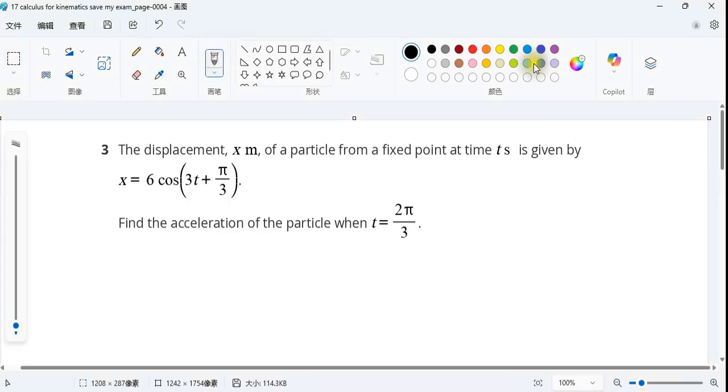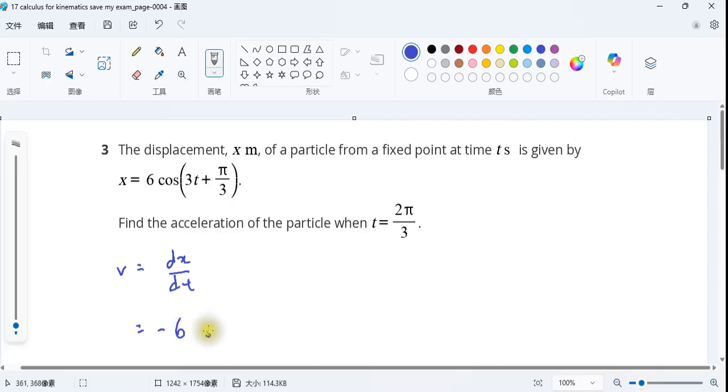Question number 3. The displacement x of a particle from a fixed point at time t is given by this. Find the acceleration. We know that v is dx/dt. So take the first derivative. Differentiating cos gives a negative sign.